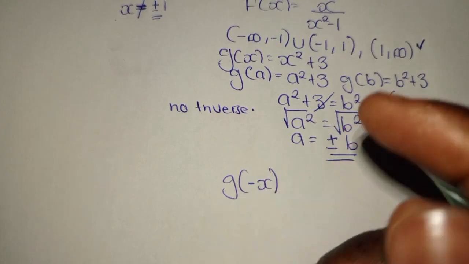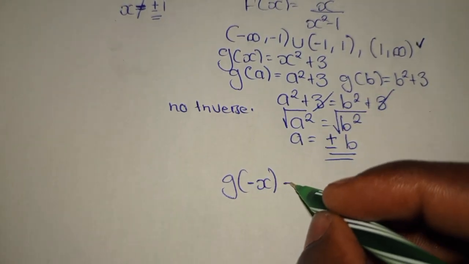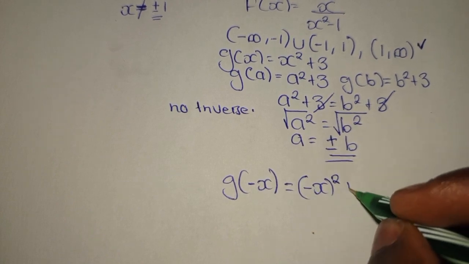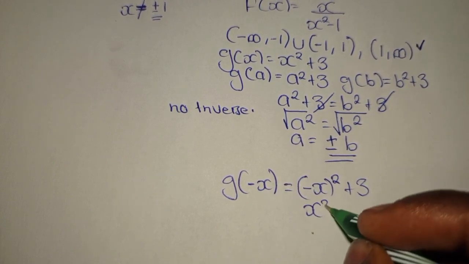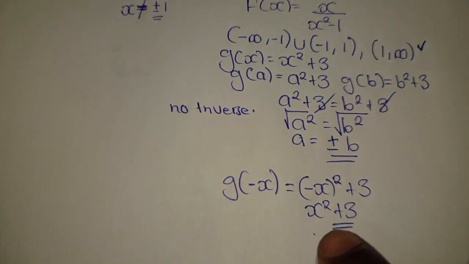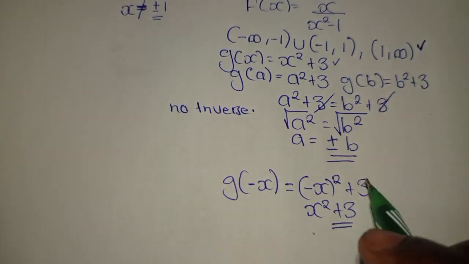So g of negative x: if I plug in negative x, squared, plus 3, I still get the same result as the original function. Remember, the original function of g, you can even get it from here. So these two are the same.